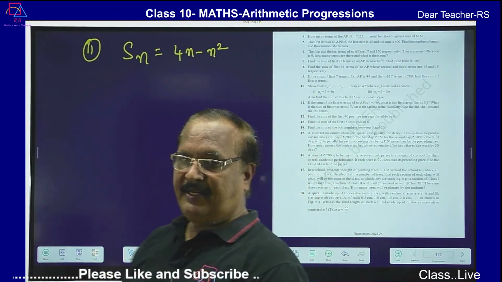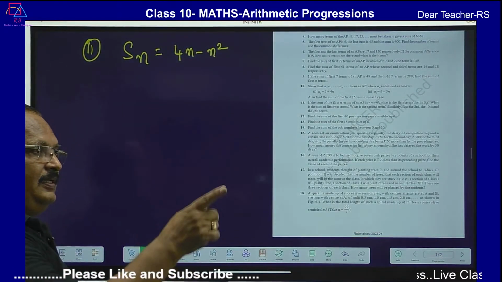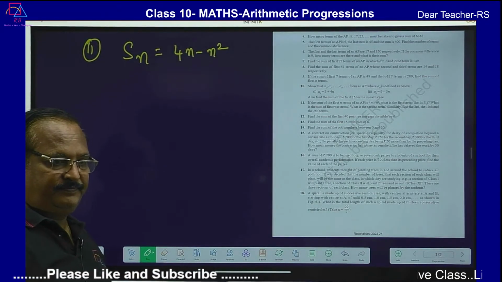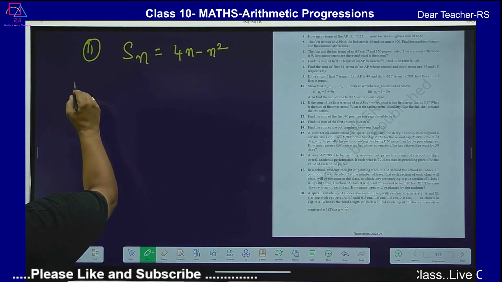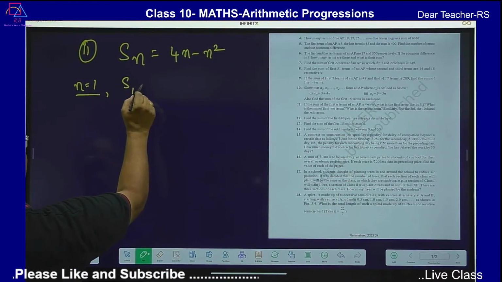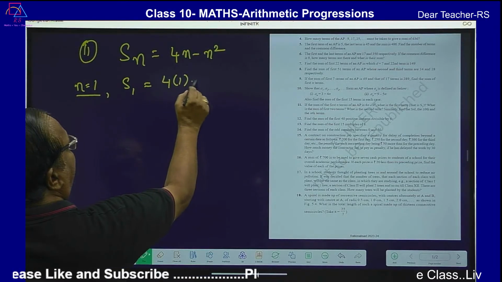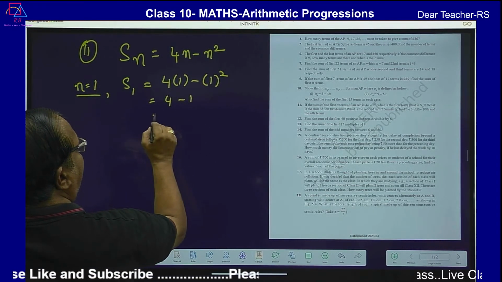Now if I replace n is equal to 1 here, sum of one term we will be getting. That means only first term. So 4 into 1 minus 1 whole square, 4 minus 1 is equal to 3.